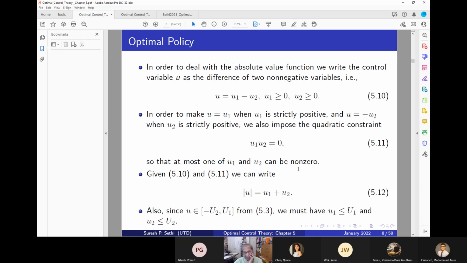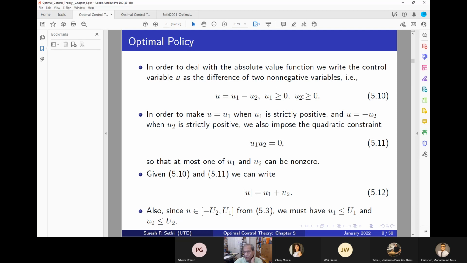So that's the trick. The trick is to break the U into buy and sell. So I break the U into U1 minus U2. U1 is the sell, U2 is the buy. Remember, if I sell 5 and buy 3, I'm net buying 2.